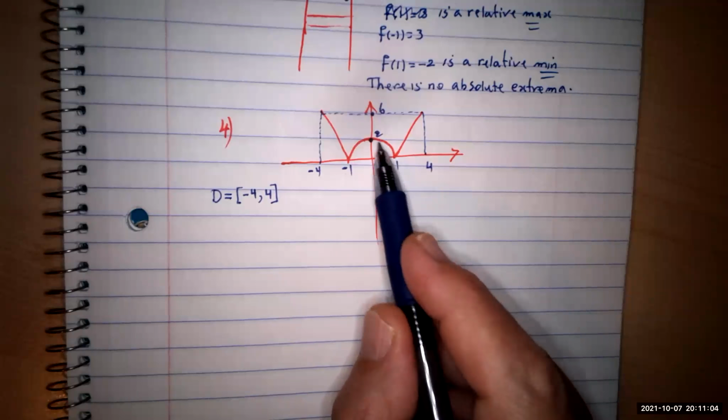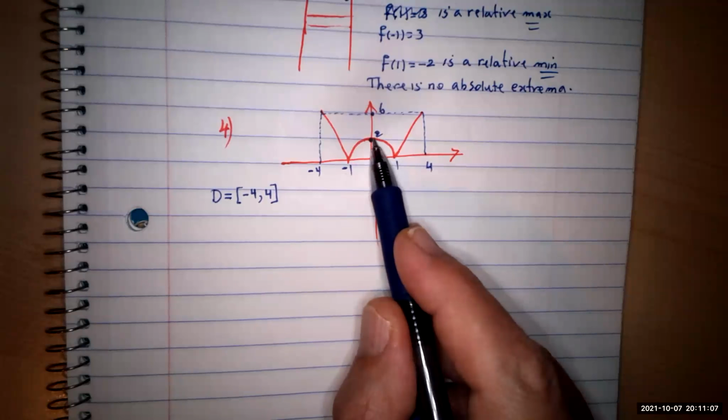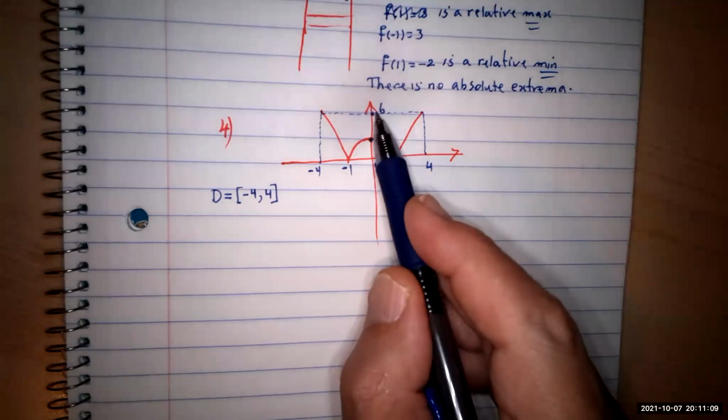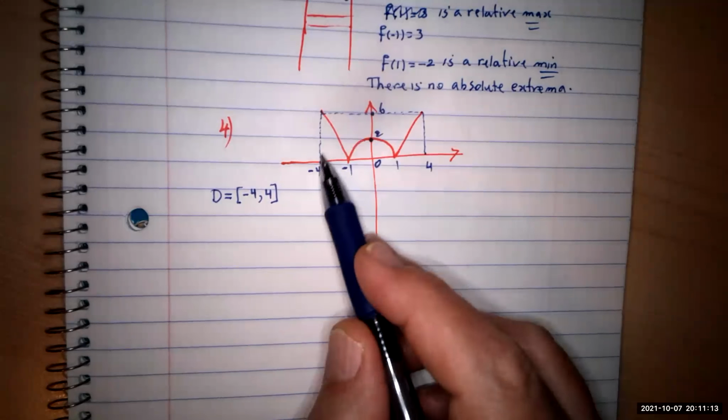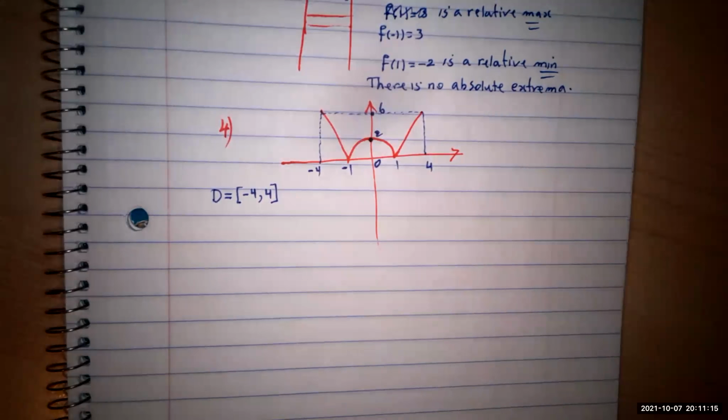Then you get the 2 at 0. f of 0 is equal to 2. And then you end up with the 6, because you have 4, 6, and -4, 6. Okay, so these are the situations that you're going to have. Any suggestion for the max, min, relative, absolute? Get these numbers.